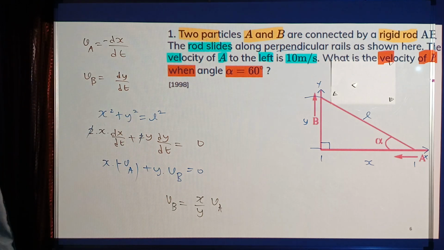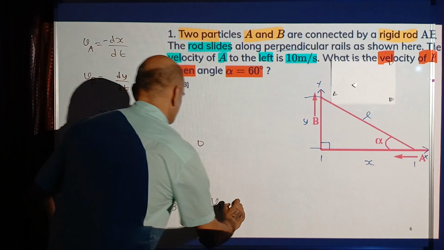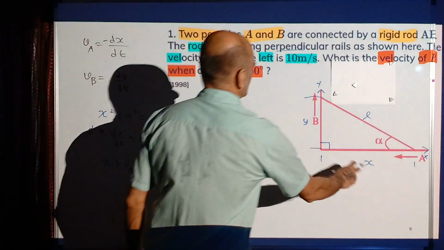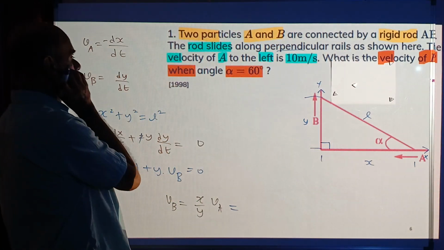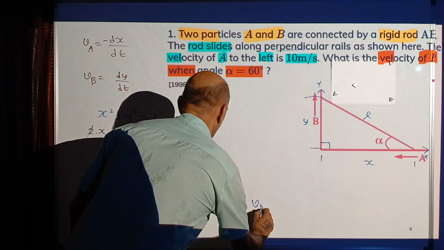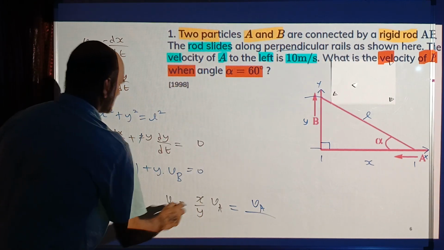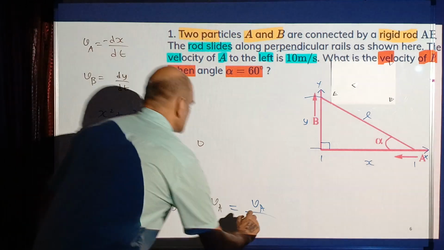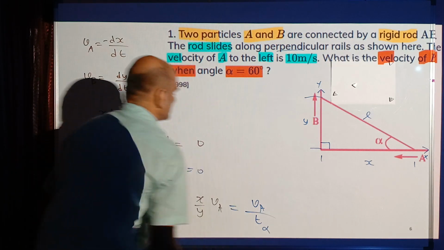Take this term to the right side, and x by y is y by x is tan alpha, so this I can write as va by x. I can take the denominator, become y by x, which is tan alpha.